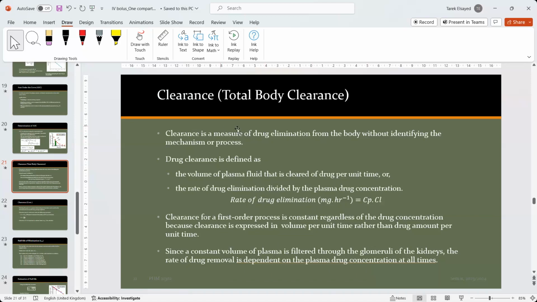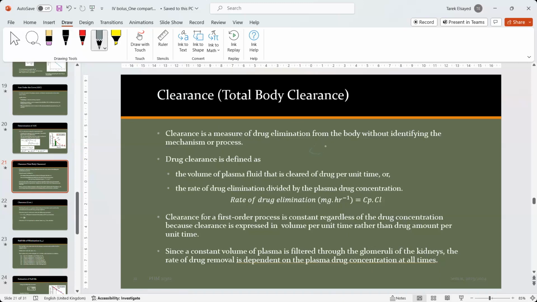So clearance, what is clearance here? This is another pharmacokinetic parameter we can explain. It is a measure of drug elimination from the body without identifying the mechanism or process. Same like elimination rate constant, there is hepatic clearance.